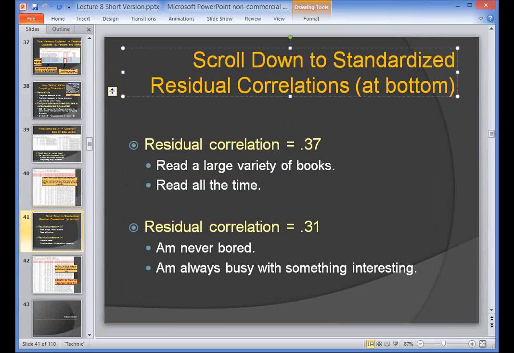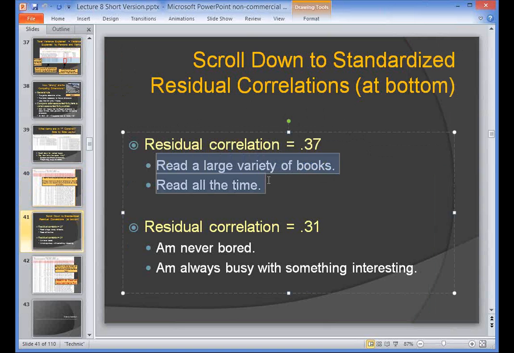Okay, so when you get to the bottom of the dimensionality output, you can see the dependent items, and you can see that there's a couple of sets of dependent items that are in excess of 0.30, and the first one, the biggest one, the one that we really have to worry about, is read a large variety of books and read all the time.